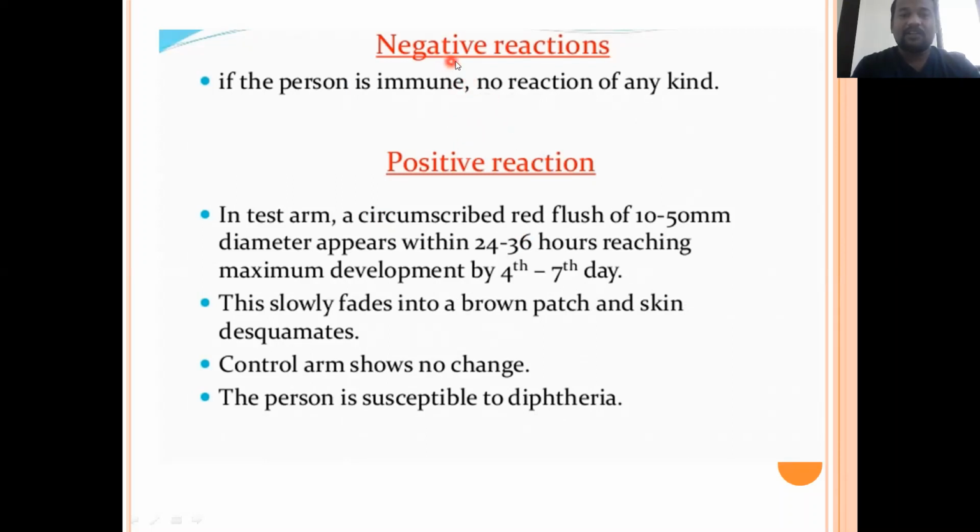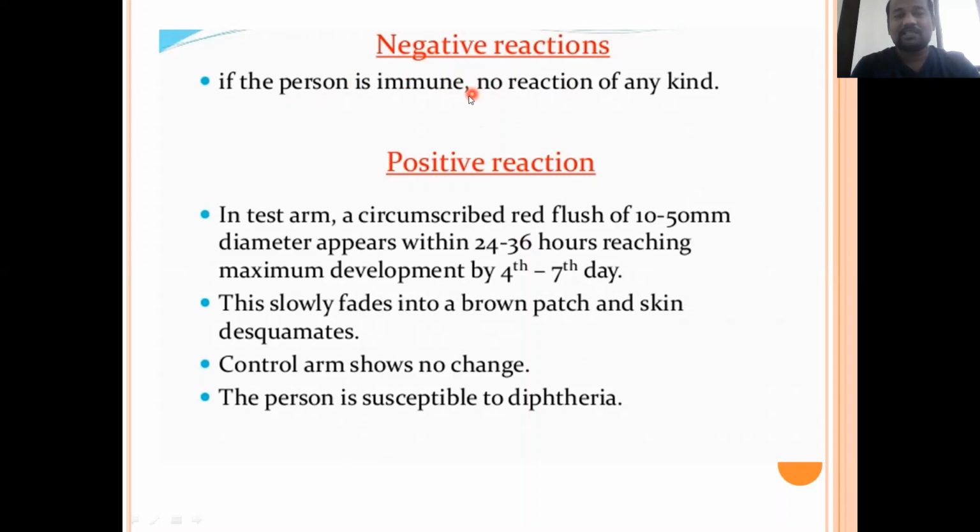First, we will have a look at the negative reactions. Once injected into the left and right arms, if there is no reaction, that is called a negative result. It means that the person is immune.